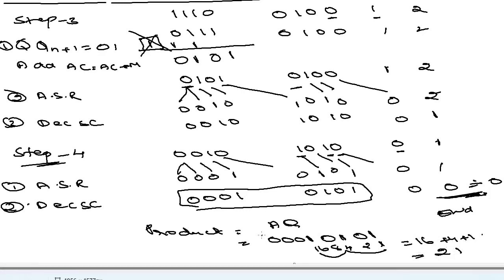Now observe the most significant bit value in the accumulator, that is 0. That indicates a positive value. So we get the positive value. That means plus 7 into minus plus 3 equals plus 21. That is the operation we performed in Booth's multiplication algorithm.